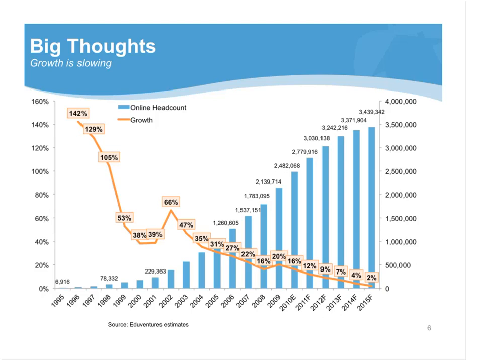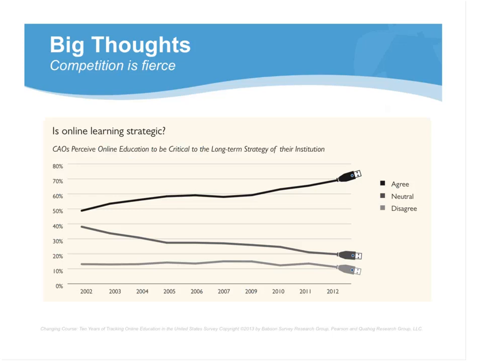And really what this means to me, as I go to my next slide here, is that while growth is slowing, competition is becoming more and more fierce. So this is something that you need to be thinking about. The day of rising tides lifting all boats, I think, is really behind us.